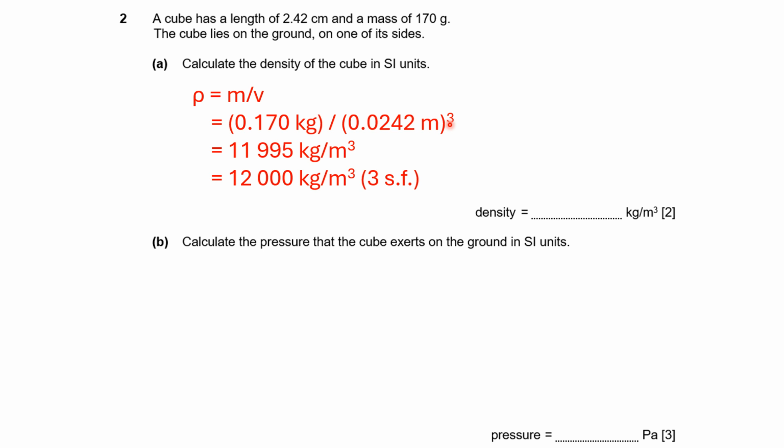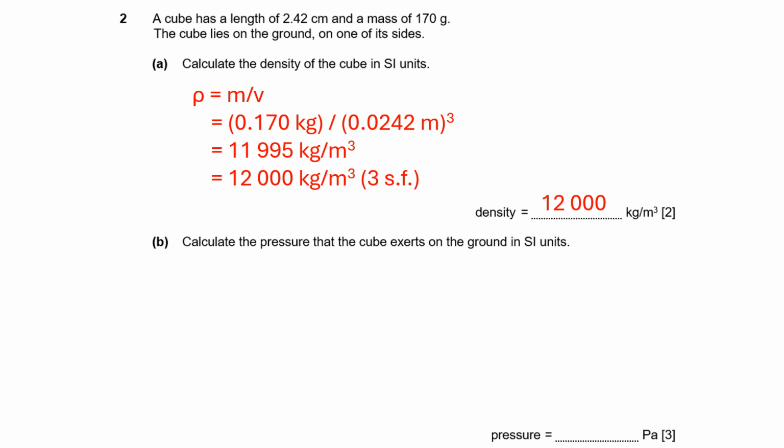Remembering to cube it, it is very important that we maintain the brackets so that we do not accidentally cube it first and then divide by 100, for example. So putting this into the calculator, we get our answer, and we then round it off to 3 significant figures to get 12,000 kg per meter cube.